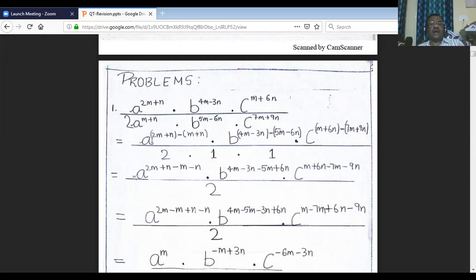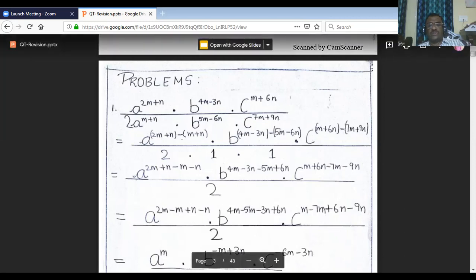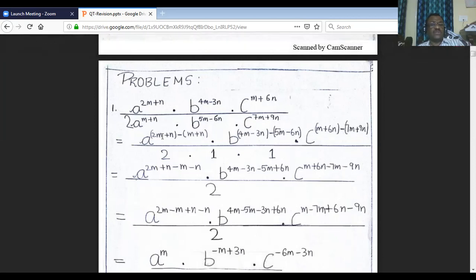Once bases are classified based on their like and unlike terms, similarly the powers are also to be classified. All m on one side, all n on one side. Now a power 2m and a power m: 2m minus m.